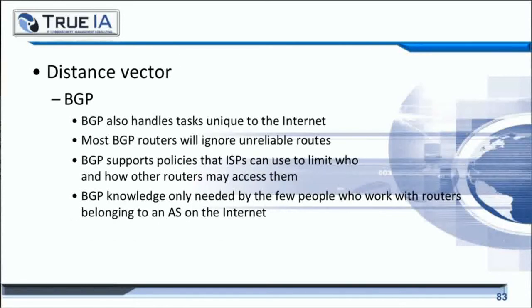BGP is capable of handling tasks that are exclusively unique to the internet. Most BGP routers will ignore unreliable routes. BGP supports policies that ISPs can use to limit who and how other routers may access them, and true BGP knowledge is really only needed by the few people who work with routers belonging to the autonomous systems on the internet.